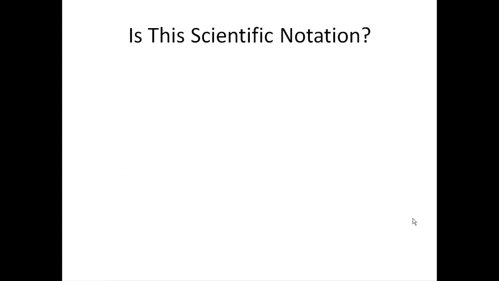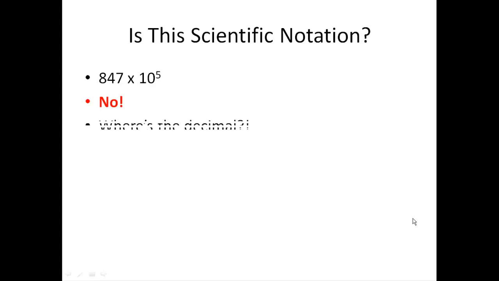Okay, let's try another. How about this number? No. Why not? Well, heck, where's the decimal? There's no decimal, so it's 847 dot. Well, that's certainly not scientific notation either. What do we have to do to make it scientific notation?